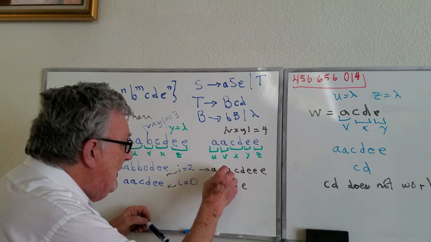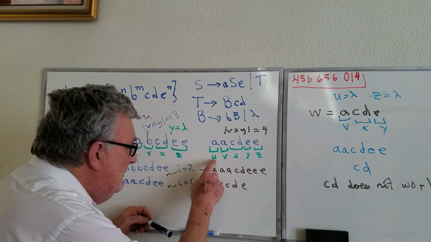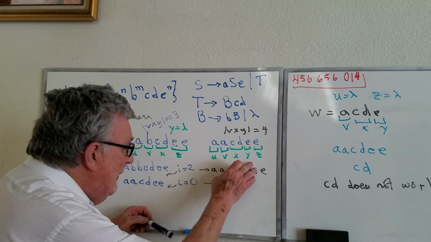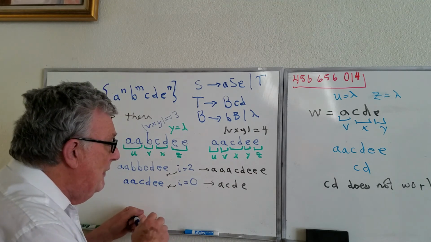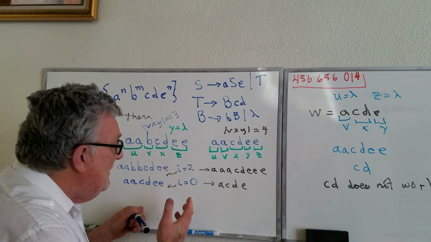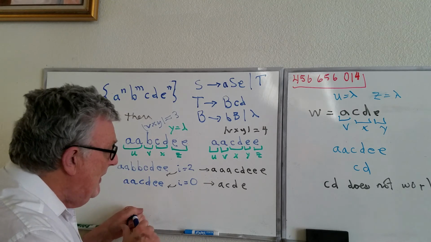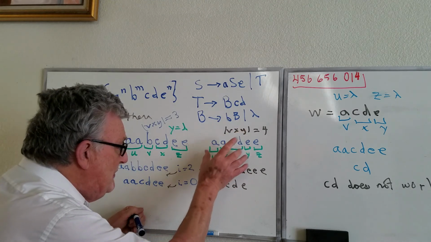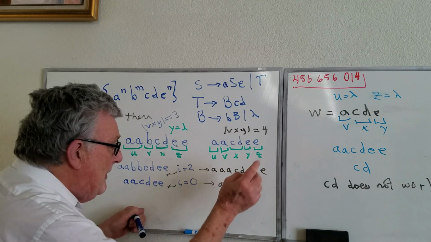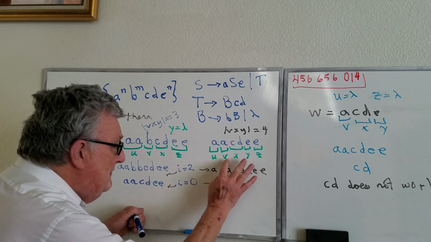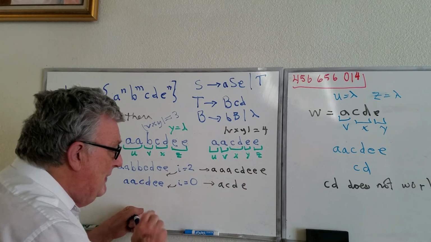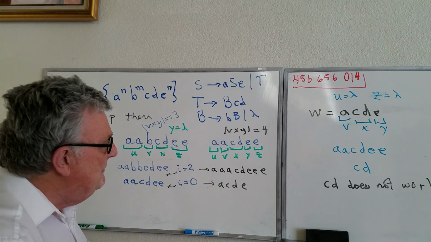You might say, well, why don't I pick v to be the empty string and y to be the empty string? Well, that would work for this one example. Actually, it would not, because once you pump up and down, you wouldn't change it. V and y cannot both be empty. So if I take this example and pump up or pump down, I still stay in the language.